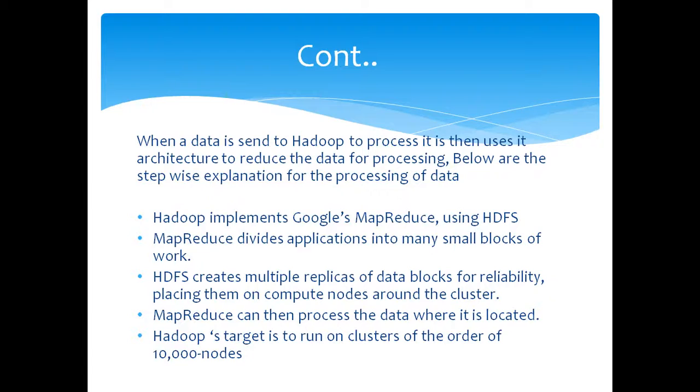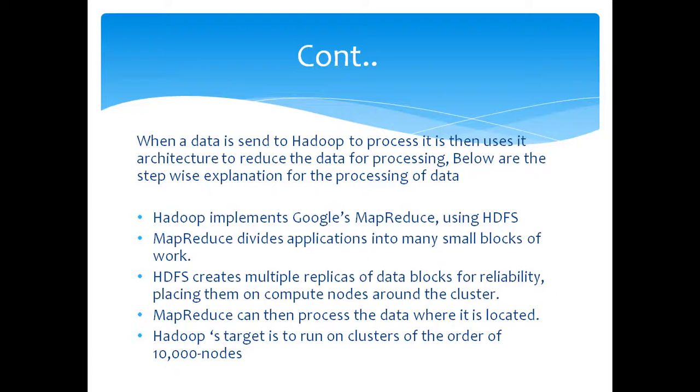MapReduce, as I explained before, divides the data into small blocks, so it is easy for everyone to work on the small tasks. And when MapReduce divides the data into small blocks, HDFS creates multiple replicas of data blocks for reliability. Reliability is one of the properties of HDFS.